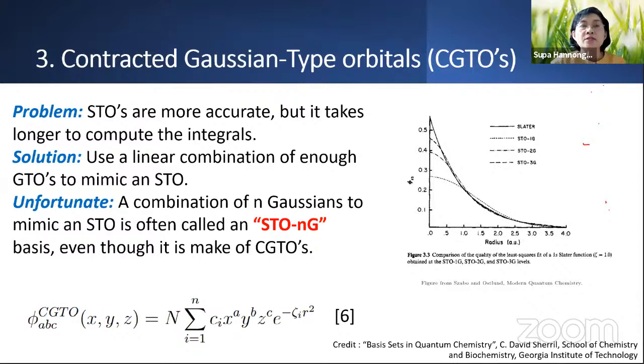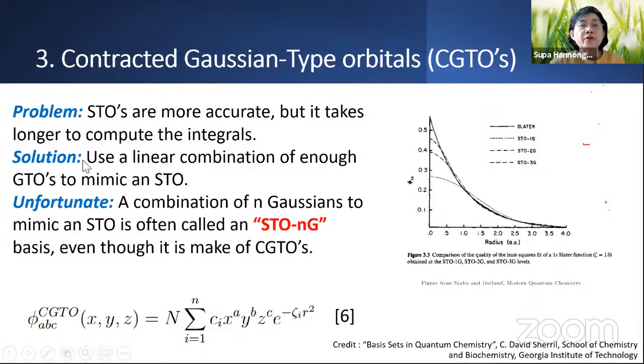We call it the contracted Gaussian type orbital. There is a problem with the STO, which is actually more accurate than the GTO, but it takes longer to compute the integrals.